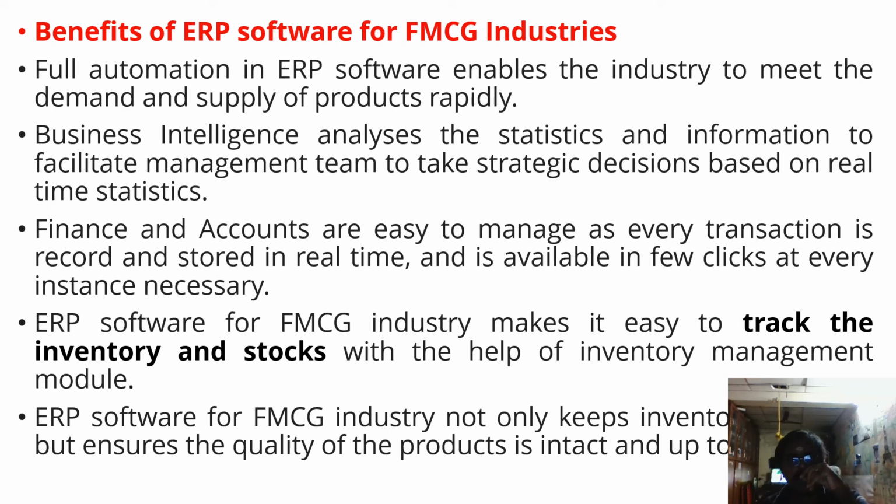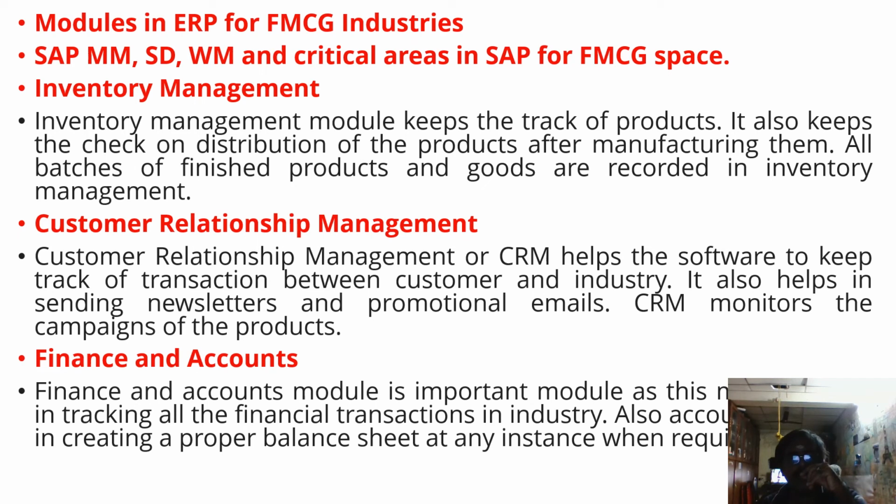SAP software for the FMCG industry not only keeps inventory in check but ensures the quality of the product stays up to the mark as expected by the end customer. Modules in general in ERP for FMCG industries: we have MM, and if it is a production oriented industry, they have PP and WM integrated.